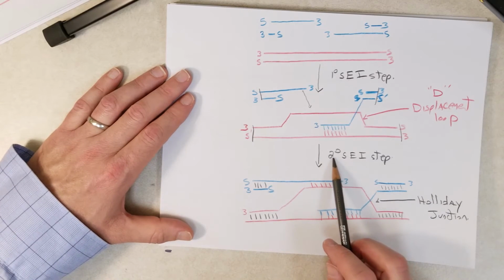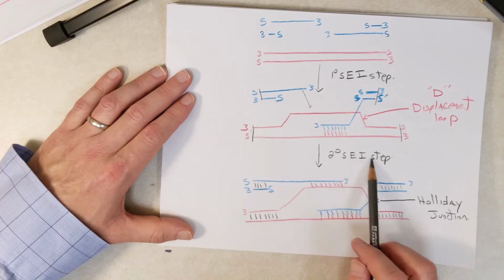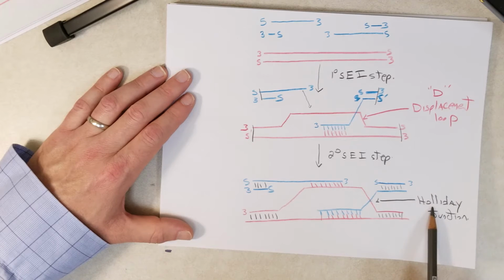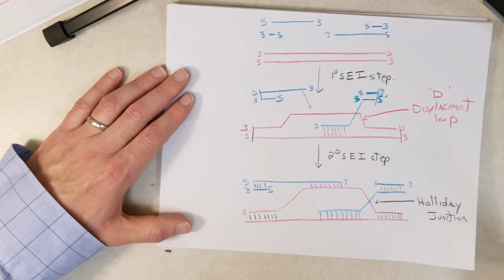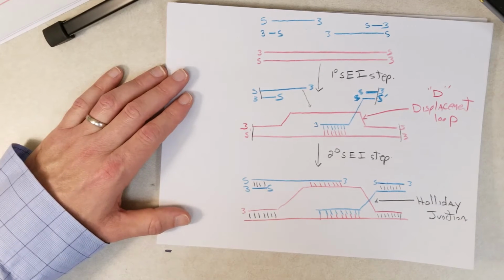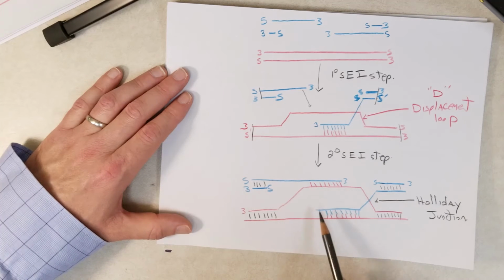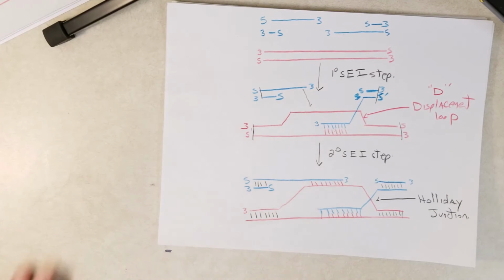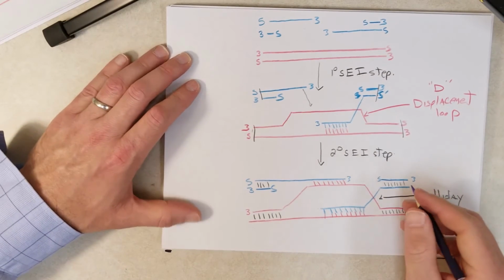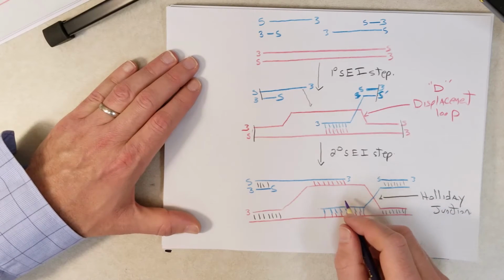Now, after the second strand invasion step in the formation of the first Holliday junction, DNA polymerases come in here. I'm not sure of the names of the polymerases, the enzymes that participate in this process. I'll use a different color, a pencil, to show the new DNA that is being synthesized.